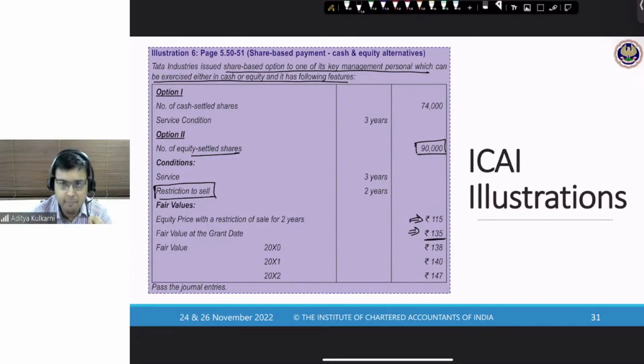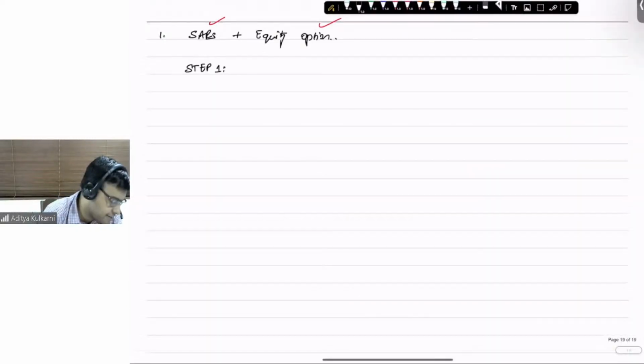You have shares, but this share cannot be sold for 2 years. You have to keep it with you. So do you think that a tradable share, a freely tradable share, will be lower than your value? Answer is never. Freely tradable share's biggest advantage is it can be sold at any point of time. Whereas you, my friend, will hold this share for a period of 2 years. And therefore, there is a restriction on sale. So the fair value of that is going to be 115. So therefore, step one, equity plan.